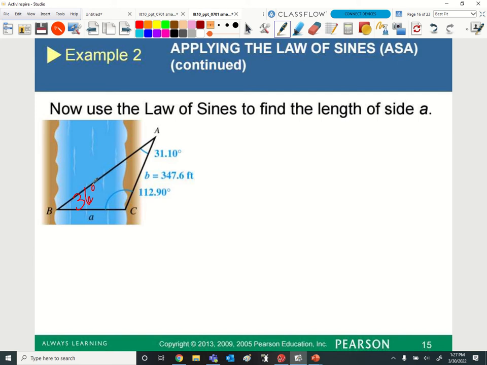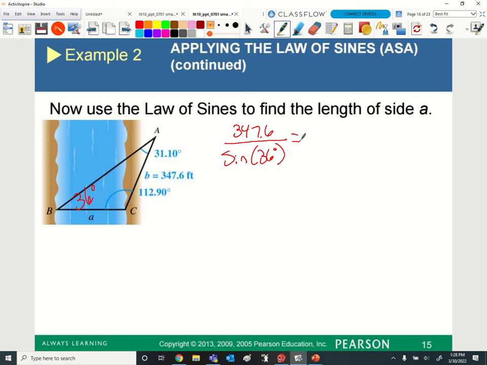Remember, it goes little b divided by sine of big B. And what am I looking for in this case? Little a, right? And so that's going to go on the top, isn't it?